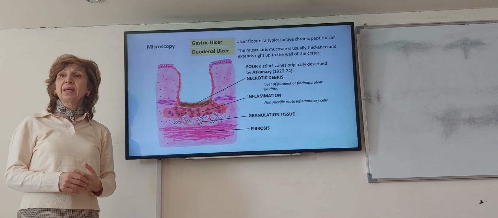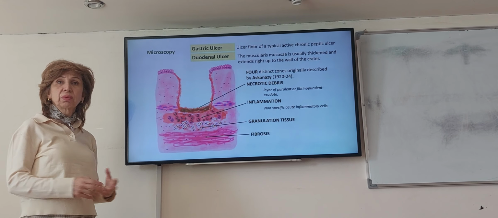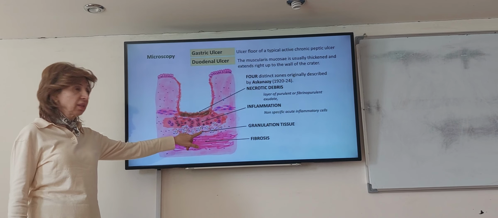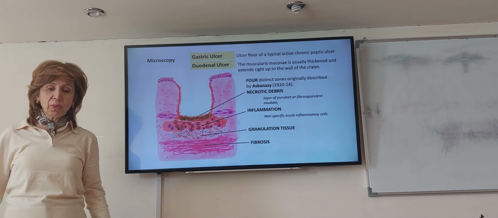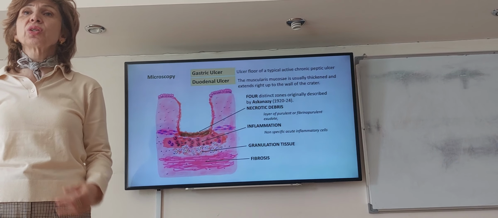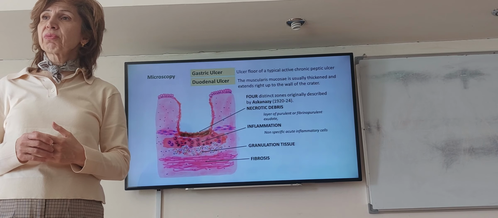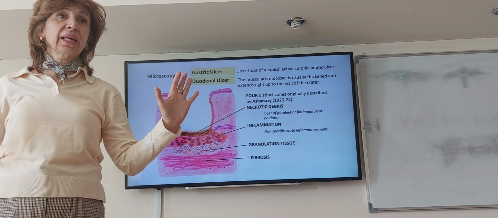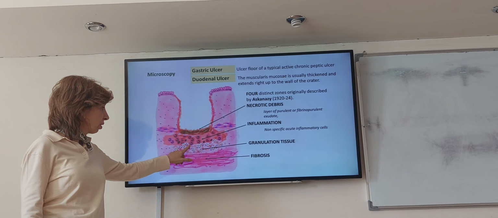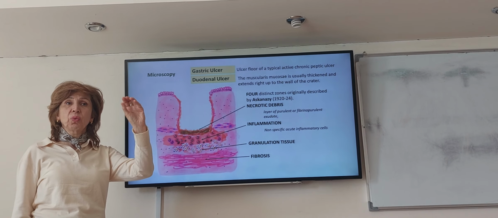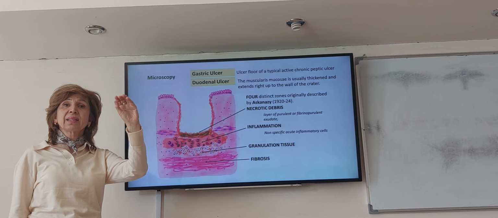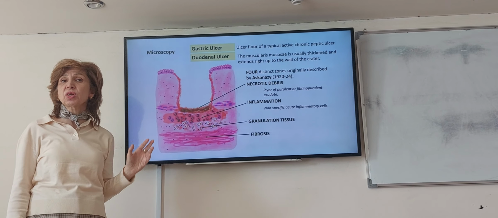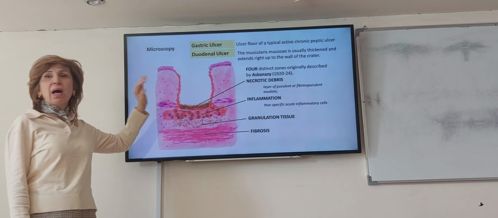Now you told me the body will try to cover this ulcer with granulation tissue. How I will see granulation tissue? What's the hallmark of granulation tissue? Capillaries. Yes? Many capillaries. Once I will see area with many capillary formations and inflammatory cells, this is granulation tissue. Now what I will see up.